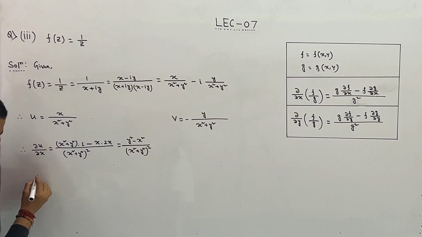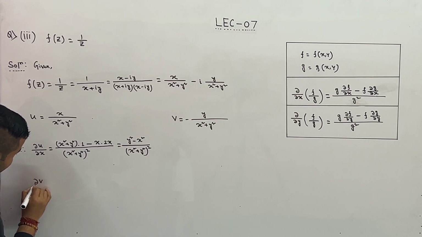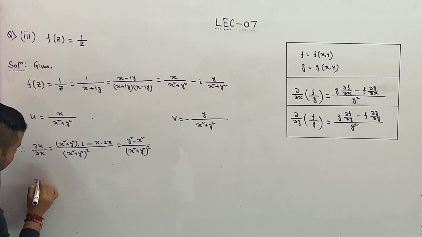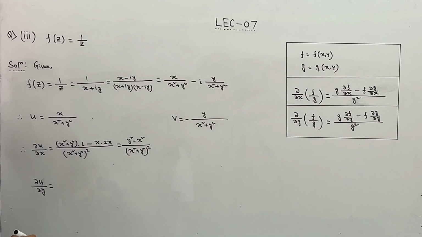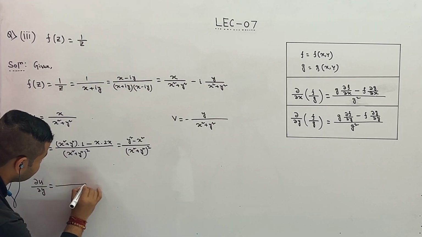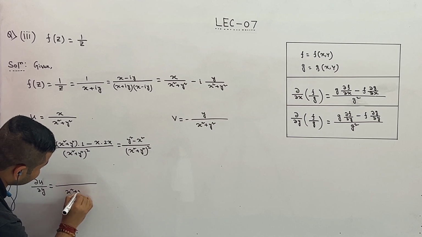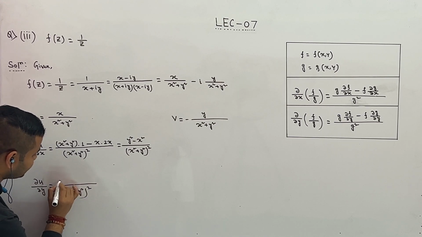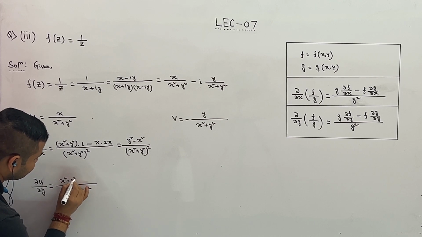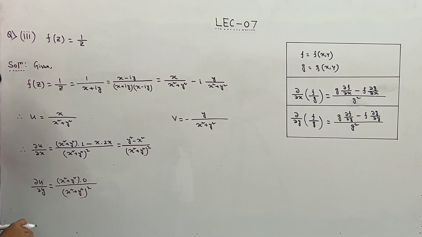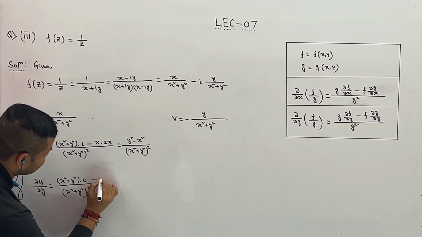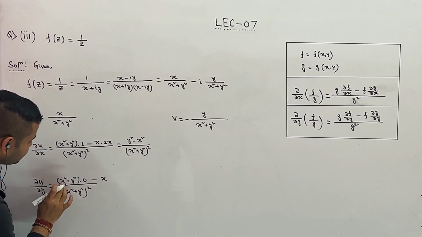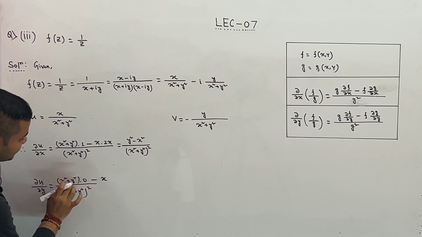Again, del u by del y will be equal to x square plus y square whole square, x square plus y square into 0, because del y of x will be equal to 0 minus x into del y of x square plus y square.